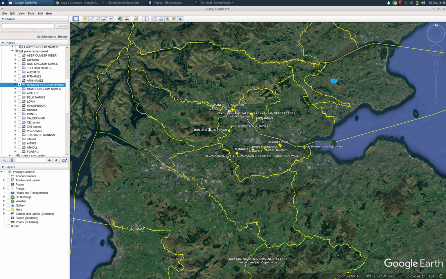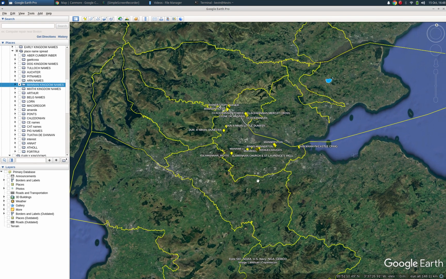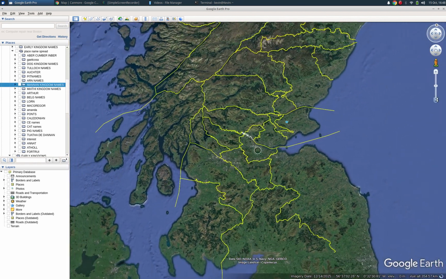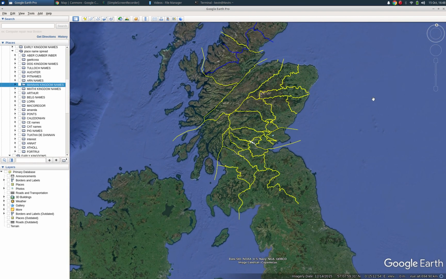Once again, the yellow lines are major rivers. This one here is actually the Cramond that comes up near Barnton and Cramond. But one of the things that you can also compare here is archaeology rather than just place names.